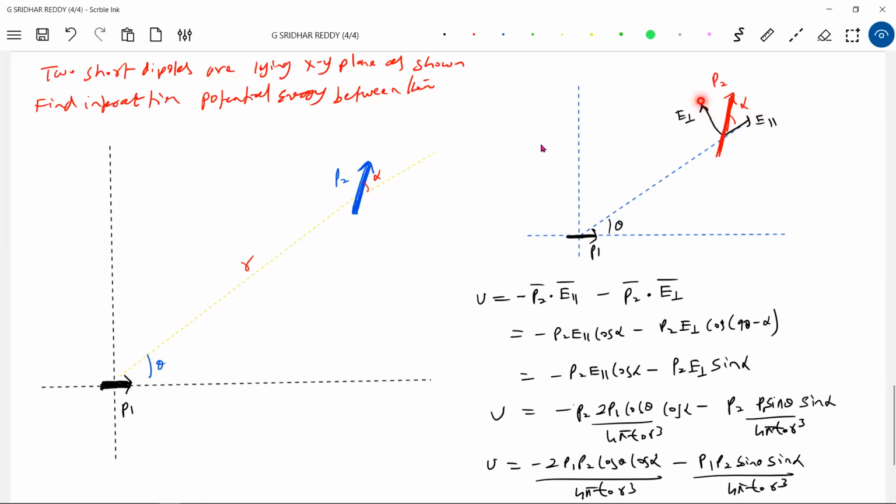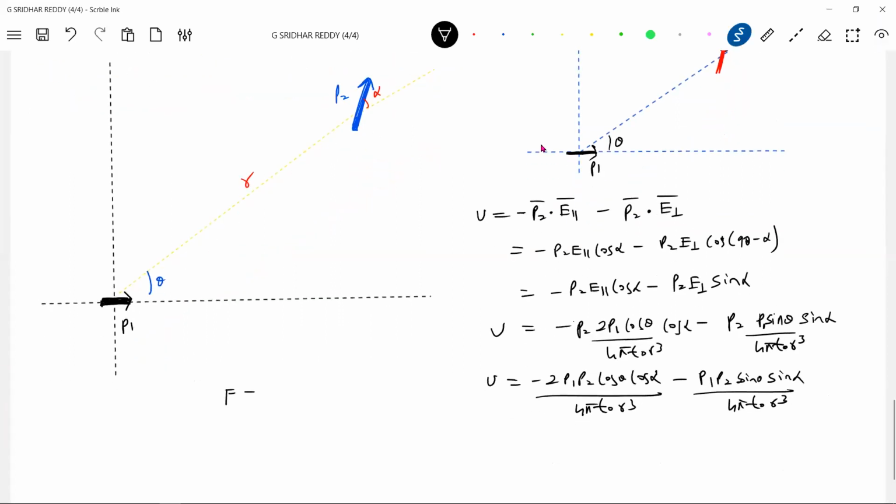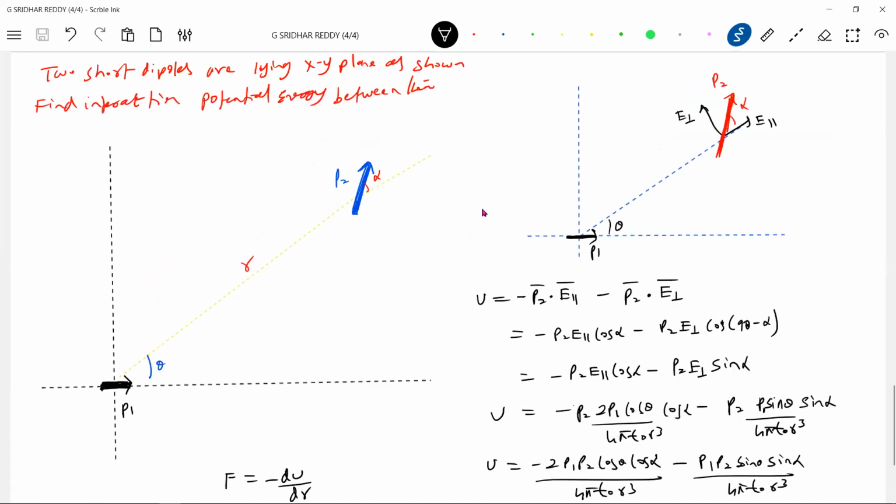Due to the other component, you'll get the perpendicular component of force. Take the resultant of that and you'll get the direction. Differentiating this will give the force of interaction. It may not trouble you because it may not be very important, and none of the books have it. So let me put it here: F equals minus dU by dr. The force of interaction will be attractive because F will finally be negative. Just see once. I'll go to the next application part.